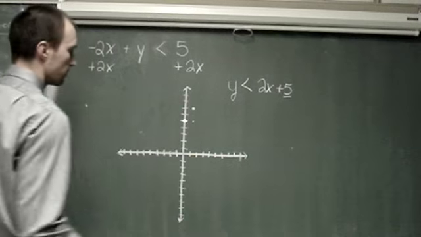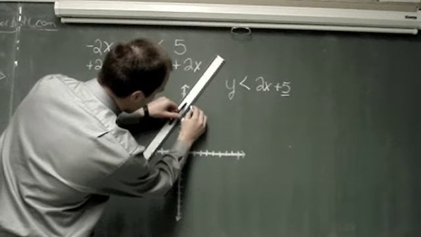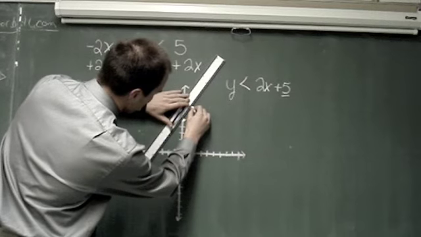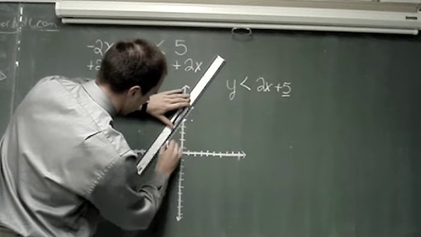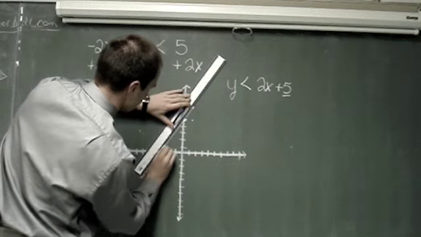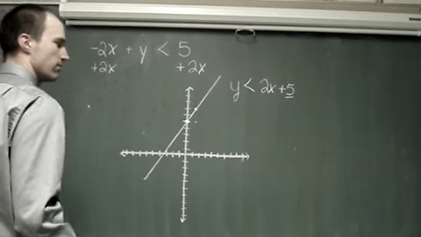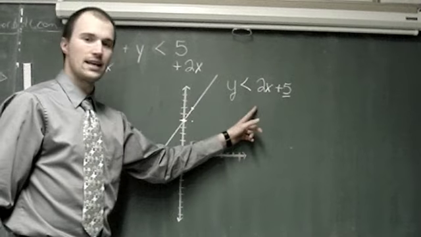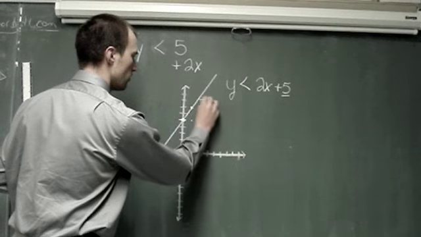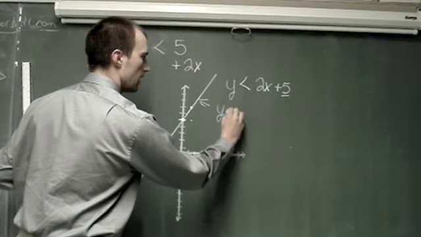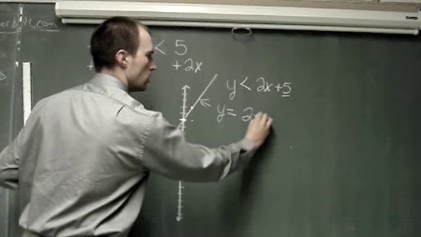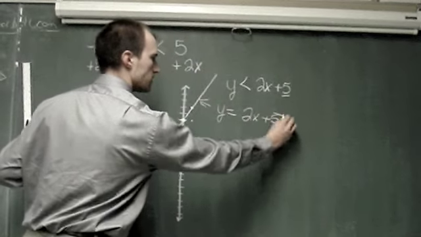This gives me my second point, which I can then draw my line through like this. Okay. Right now what we have graphed is y equals 2x plus 5.